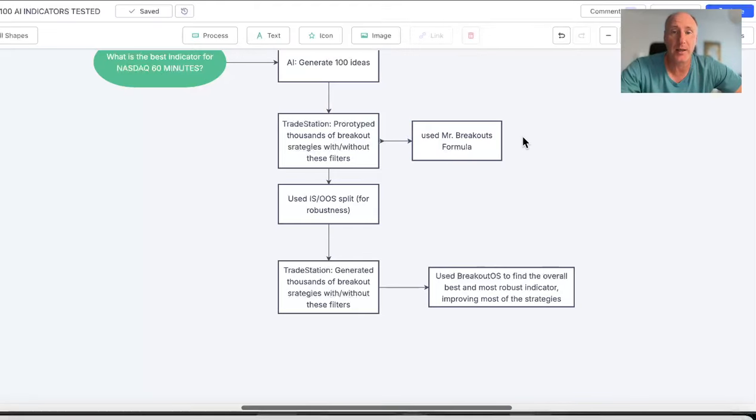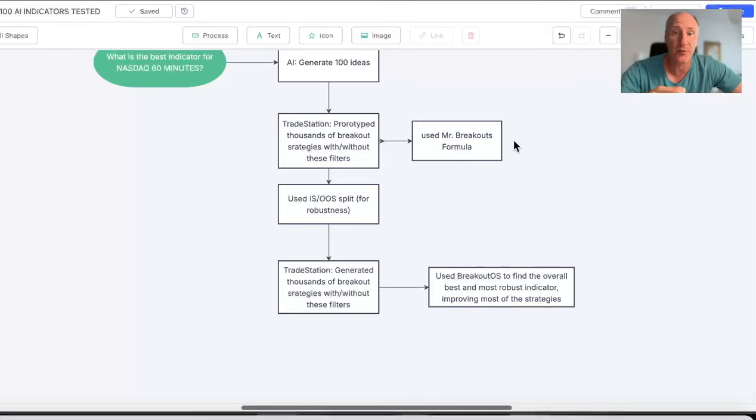So basically with the Mr. Breakout's formula, I was able to very quickly prototype a few thousand breakout strategies. Now the main point is that each strategy was prototyped without an indicator, without a filter, and then it was tested with all these extra filters. This is the trick. This is the essence of the framework.